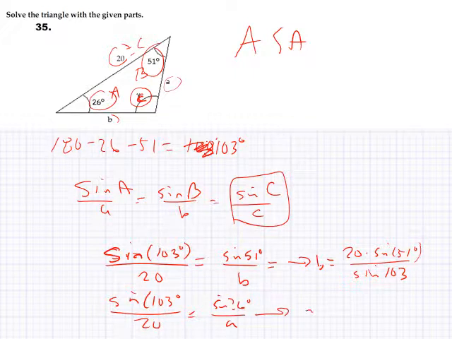And here A should equal 20 times the sine of 26 degrees over the sine of 103 degrees.